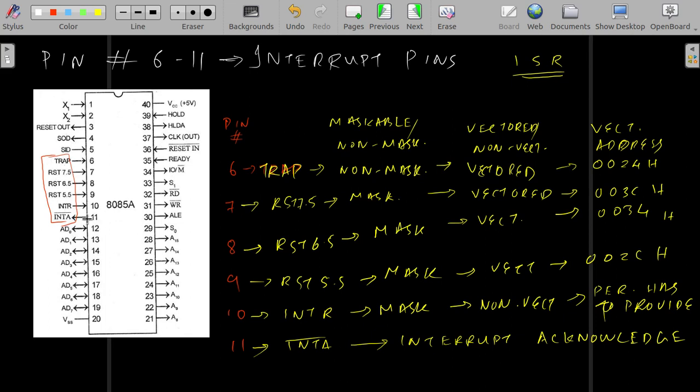Only INTA bar is an output. And why is it a bar? Because it is an active low signal. When the processor accepts an interrupt, it changes this line from 1 to 0. So this is about interrupts.